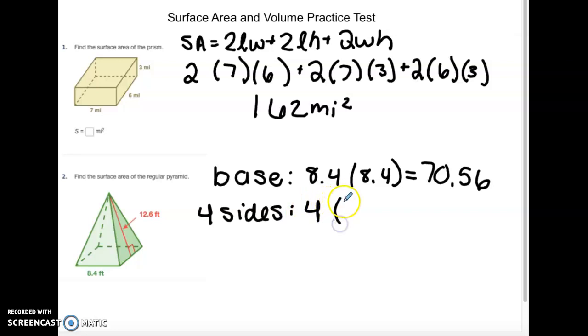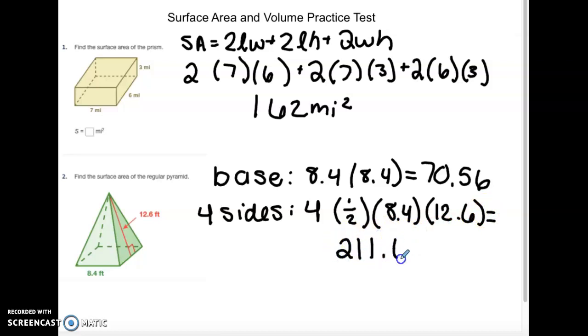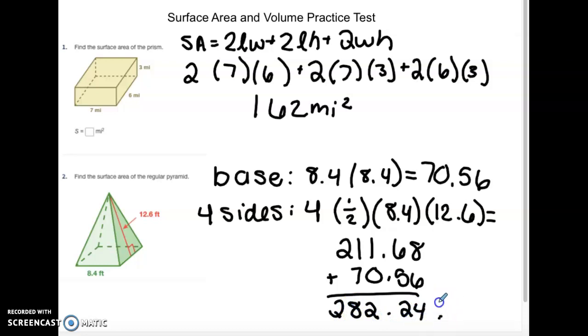And then we have triangles. So 1/2 times base, which is 8.4, times height, which is 12.6. And this equals 211.68. Add the base with the 4 sides, and the total surface area is 282.24 feet squared. Okay.